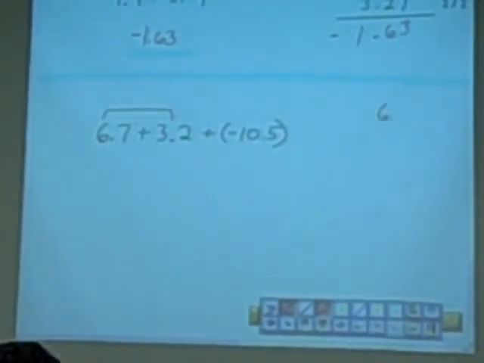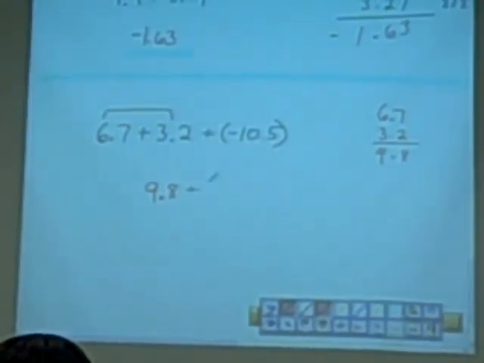So off to the side, we're going to write 6.7 and 3.2, and what are we doing here? What operation? Adding, right. So we're going to add. 7 plus 2, that's 9. Decimal point. 6 plus 3, that's 9.